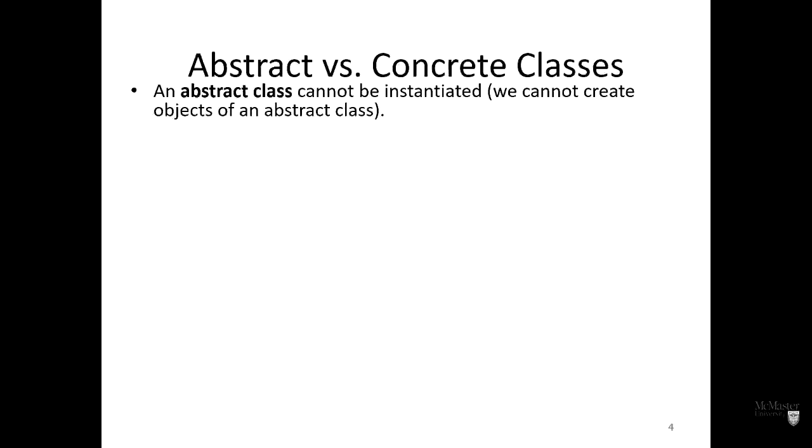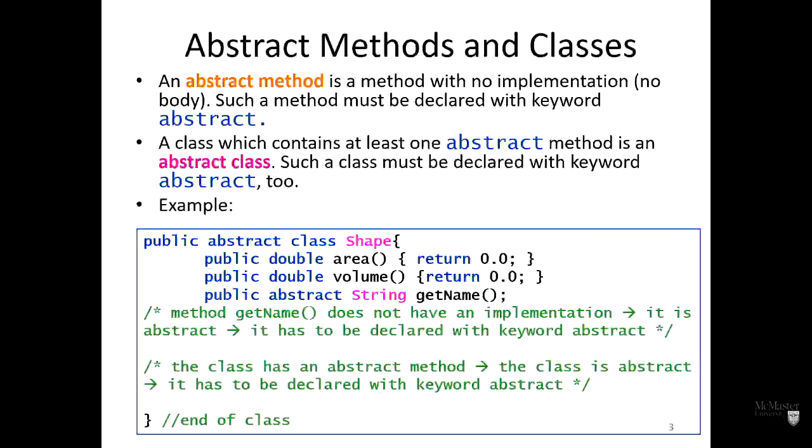Can you imagine why this is not the case? Why it makes sense that I cannot create an object out of the abstract class? Think about that. Once you create an object out of the class, you are able to access the methods of this class, right? For example, here, if I were able to create an object out of this shape class, and I call this myShape, right?